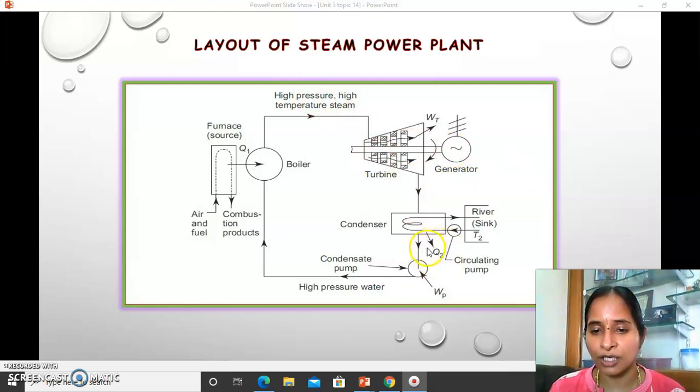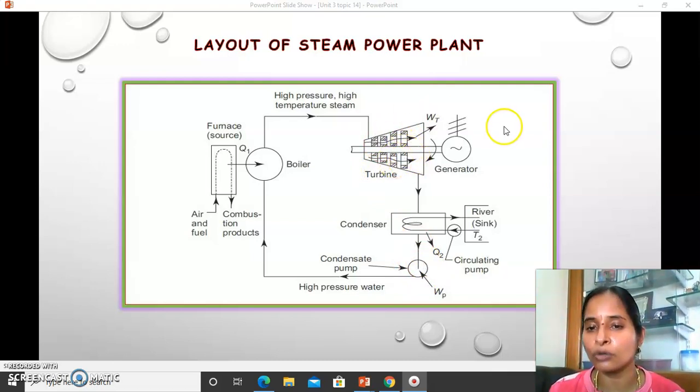And here, low pressure, low temperature water is converted to high pressure, high temperature water by the input. In the turbine, the working substance energy is decreasing. Here in the pump, the energy of the working substance is increased because of the external energy supplied to it. Here it is supplying the energy or work to us.